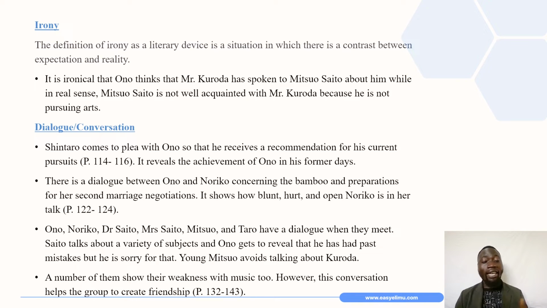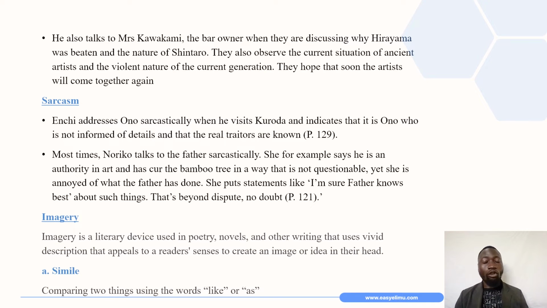And again, during this setting, young Mitsuo also avoids talking about Kuroda. So again, a number of them show their weakness with the music too. However, this conversation helps the group to create friendship. So all that is in the second episode of An Artist of the Floating World.